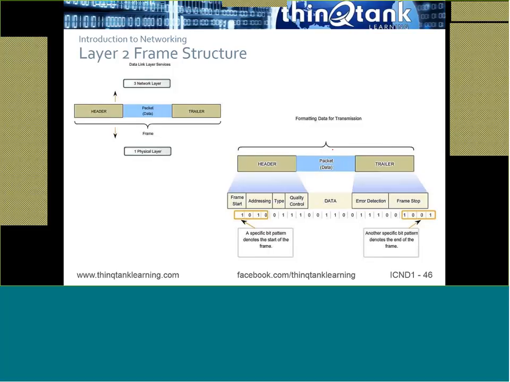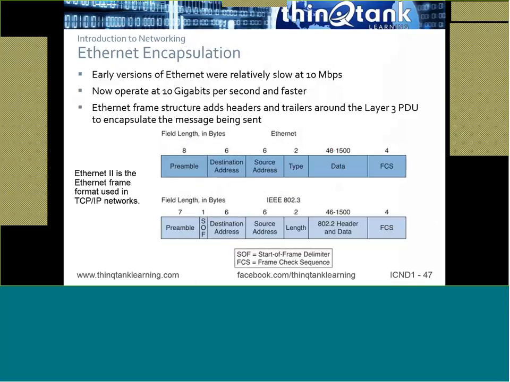All right? So let's get into a little bit about Ethernet. Early versions of Ethernet were obviously designed to operate in very slow environments, relatively slow compared to what we see today, about 10 megabits per second. Now we're operating in the gigabits per second range, but in reality, the same Ethernet we used before is the same Ethernet we use today.